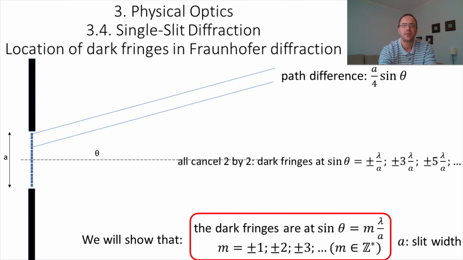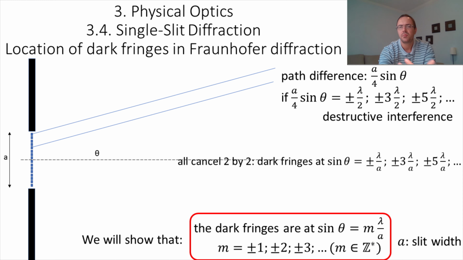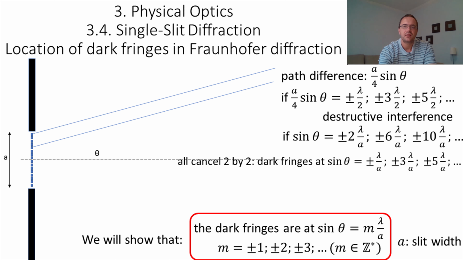In that case, the path difference will be a over 4 sine theta. And if the path difference is equal to, again, plus or minus lambda over 2, or 3 lambda over 2, or 5 lambda over 2, then we will have destructive interference. And this can be written as sine theta equal 2 lambda over a, 6 lambda over a, or 10 lambda over a, and so on.